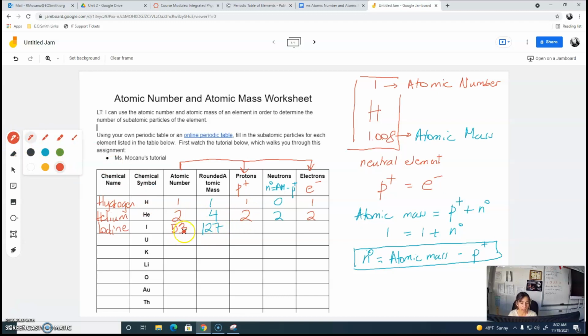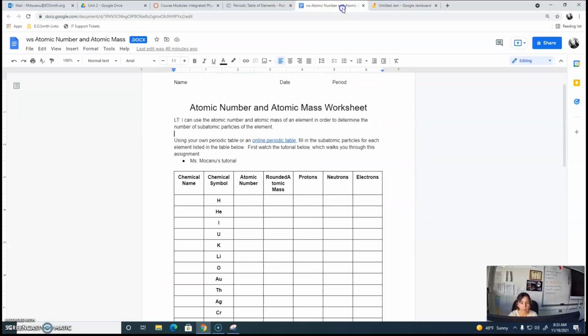The number of protons must always be the same as the atomic number, so I have to have 53 protons, which means that I also must have 53 electrons, because this is a neutral atom, meaning the negative charges must be exactly the same in order to balance the positive charges. Finally, the number of neutrons. All I have to do is take my rounded atomic mass, 127, minus my number of protons, 53, and 74 is my final number. Okay, so that is how you solve this kind of problem.